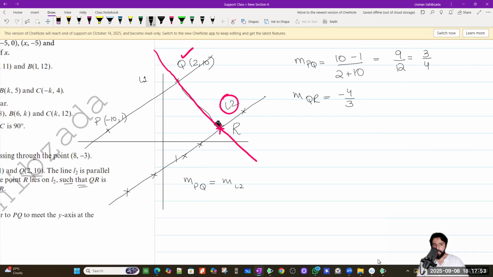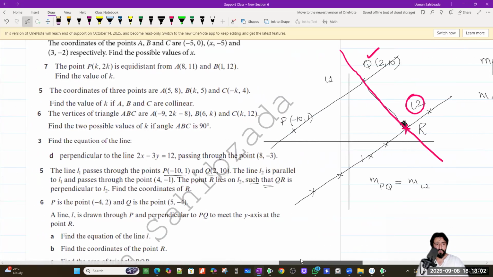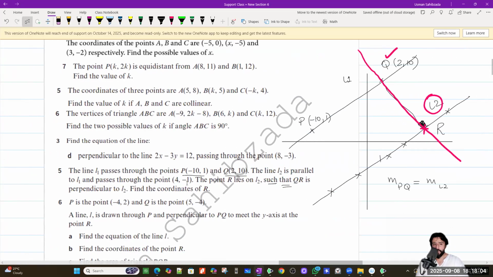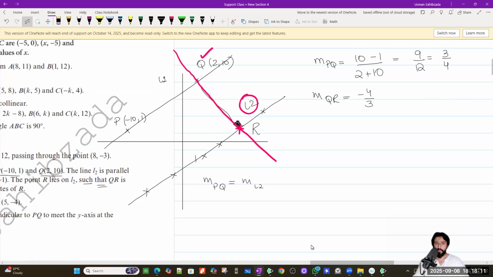L2 passes through, they said, 4 comma minus 1. This L2 is parallel to L1 and passes through (4, -1). The point (4, -1) allows you the equation of L2, which is going to be y minus y1.